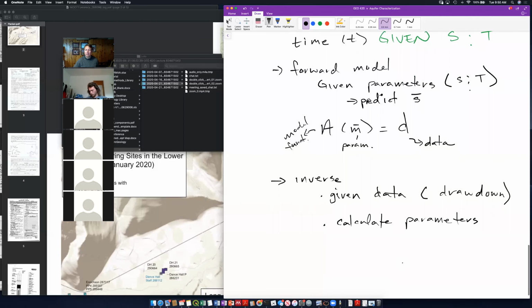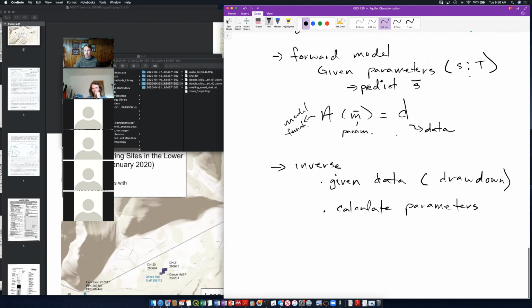All right. So in essence, we're going backwards. Instead of predicting drawdown, we're going to take drawdown and we're going to calculate what parameters I needed in my aquifer to give me my observed drawdown.